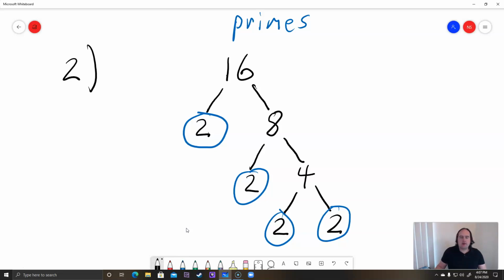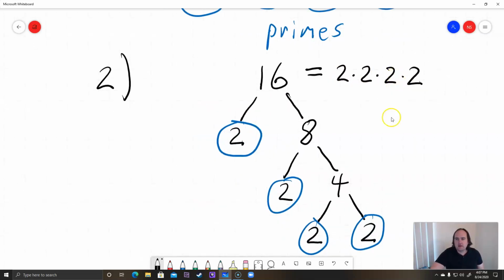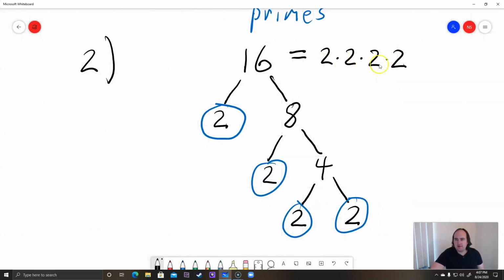So with this one, the prime factorization is going to have a total of 4 2's. So this is going to be 16 equals 2 times 2 times 2 times 2. But remember, you're not supposed to leave your answer as the same number multiplied times itself. So whenever you have repeated factors like this, you have to rewrite it as an exponent.